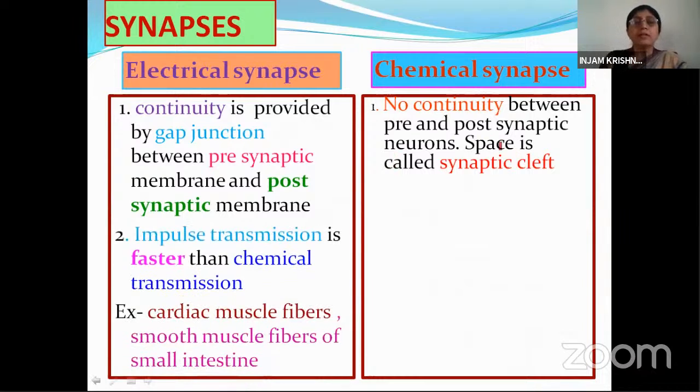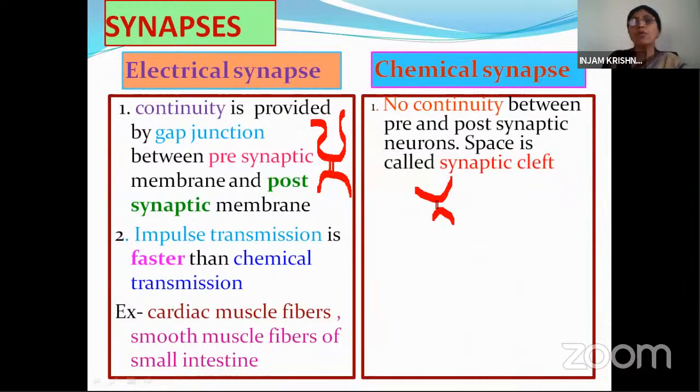Impulse transmission through the electrical synapse is faster than chemical transmission because there is a structure. For example, this is one neuron and this is the other one. There is a gap junction, structurally connected. Here there is no structural connection, only a physiological, functional connection.